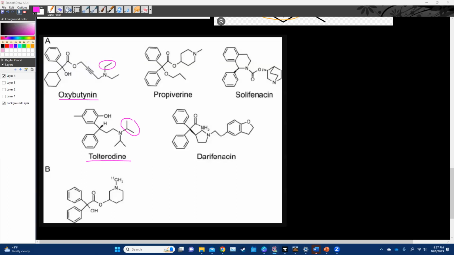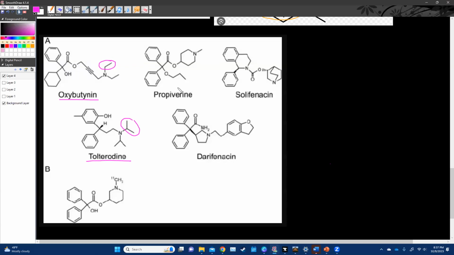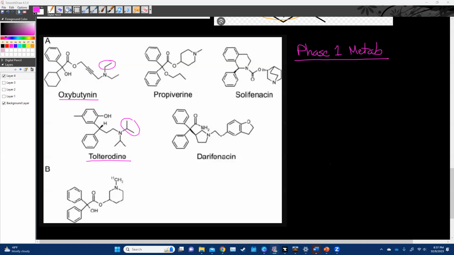Oops. Oh, all right. Well, I posted it in chat. What is one of the phase one metabolic processes that could happen for either oxybutynin or tolterodine? What is one of the potential phase one metabolic pathways? So we have dealkylation.